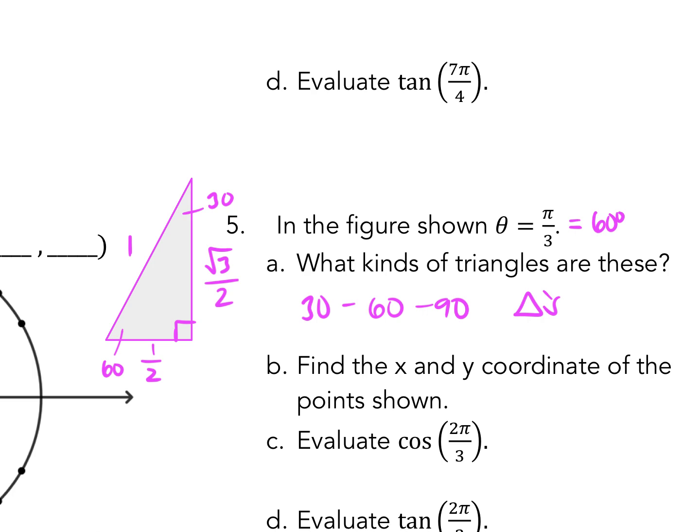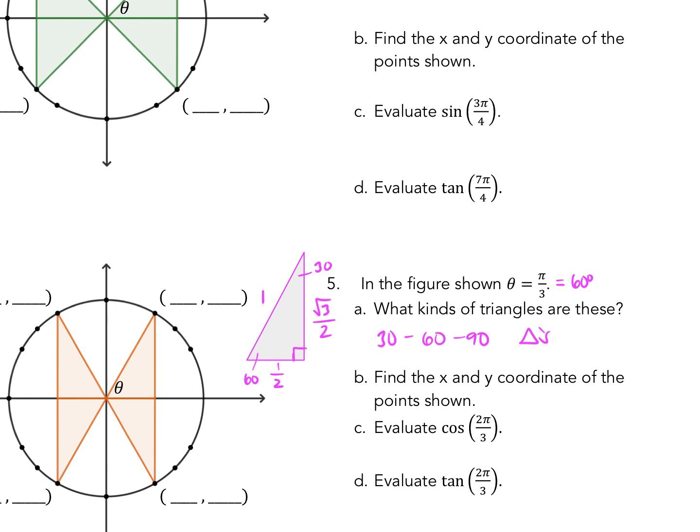Now I need to find what the x and y coordinates of these points are again. My short side is going to give me my x value, right? So my short side here is 1/2. So I've got 1/2, and then my y value is going to be square root of 3 over 2.